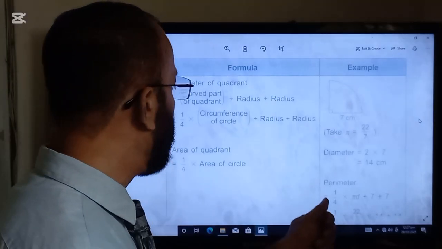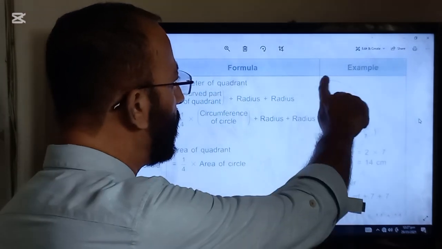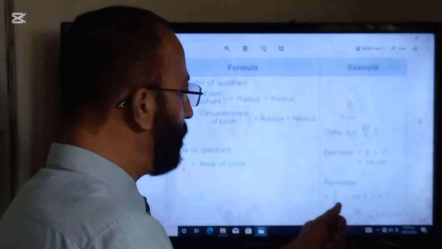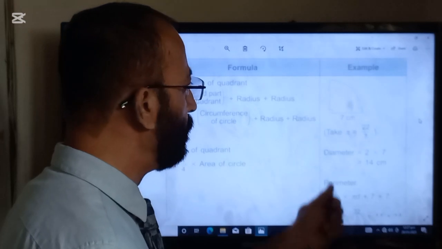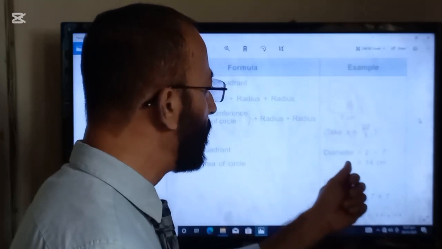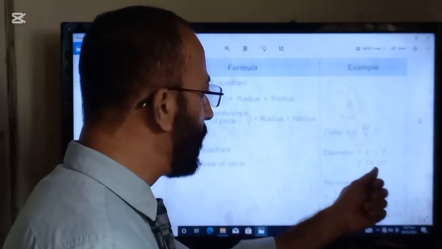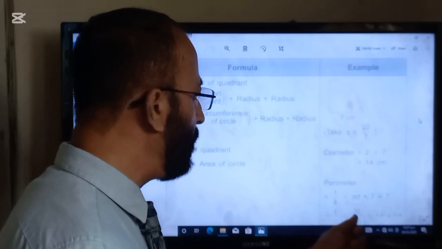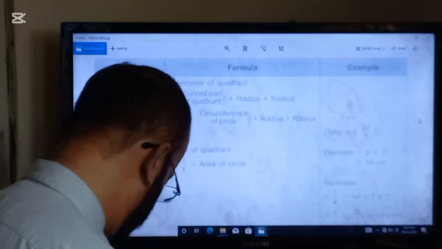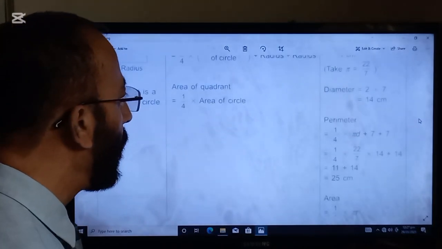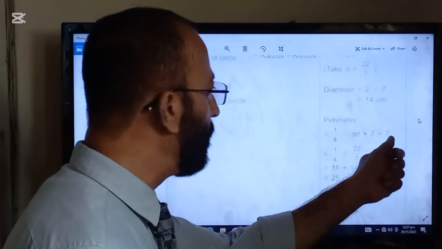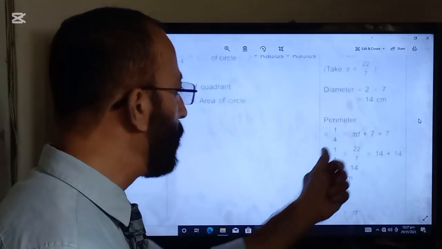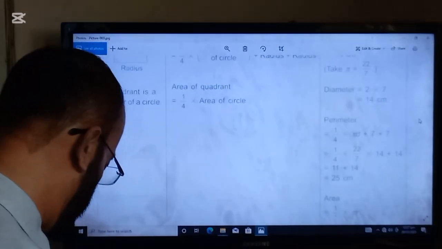So perimeter, first requirement is perimeter, that is curved part of the quarter, that will be equal to pi d over 4 or 2 pi r divided by 4, because r was there anyways. We have found out diameter, so place diameter in place of this. So 1 by 4 into these values, that is 14, and plus 7 plus 7, 14. So solve it on the calculator, you will get the answer.